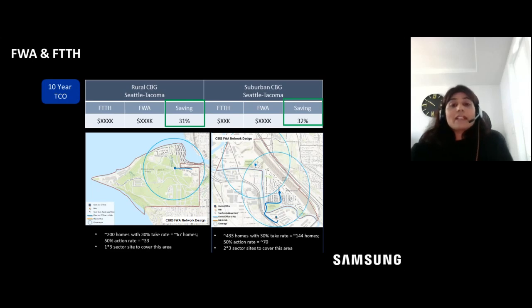In fact, if you look at the CPE vendor component, a lot of CPE vendors are entering this space. As per a GSA study, in 2021, there were only around 25 CPE vendors, but now there are around 35 CPE vendors in this space. So clearly, the market growth of FWA is significant, and it is growing day by day.